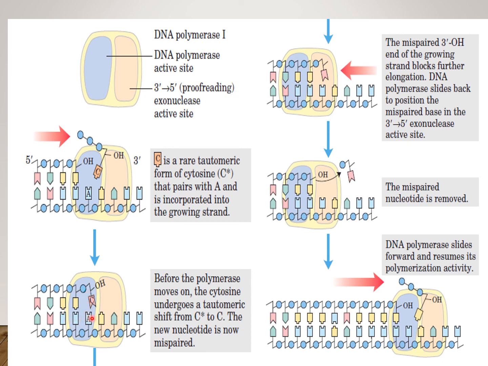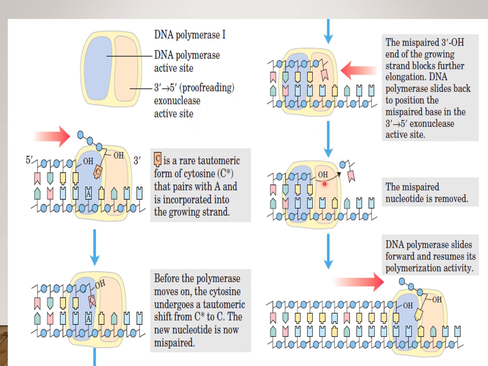As it moves on, the proofreading subunit of the DNA polymerase identifies that there is something wrong. This nucleotide is not matching with the template strand. Immediately this mistake is caught by the second subunit of the DNA polymerase enzyme, which is called the exonuclease active site.